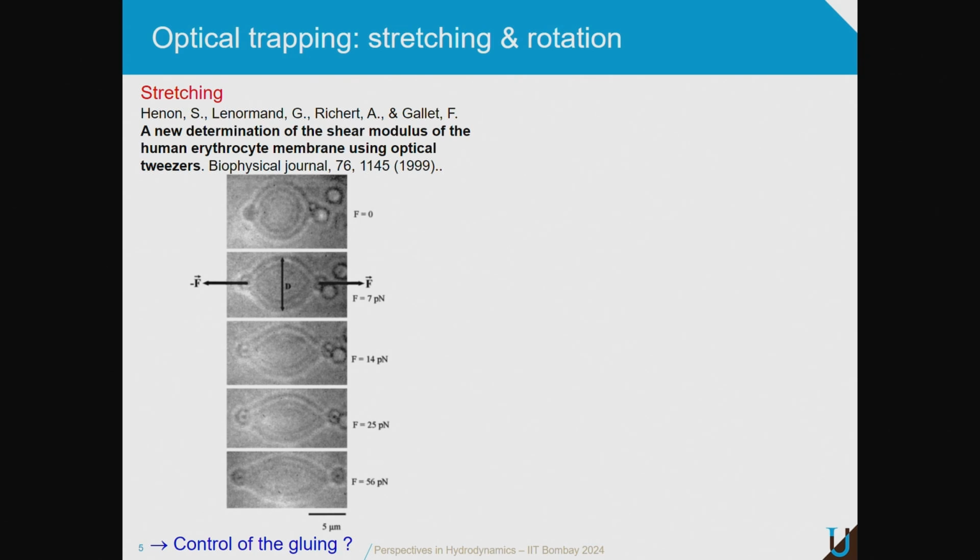Now, if I continue to think about contactless or small size investigation, you have an old experiment here. At the very beginning, they tried to stretch cells by gluing beads and using optical traps to stretch them. Once again, one of the problems is the control of the gluing, which is not a piece of cake.